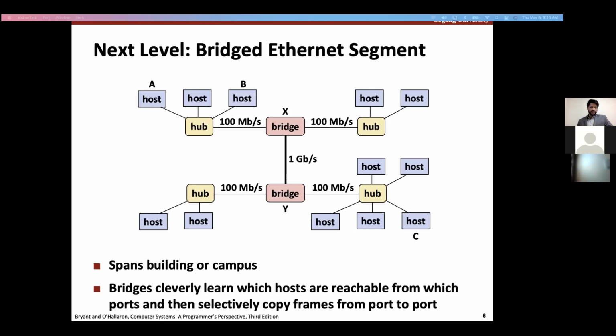The bandwidth of the wires can be different. For example, in the figure here, the bridge to bridge wires have 1 gigabit per second bandwidth, while the hub to bridge wires have 100 megabit per second bandwidth.